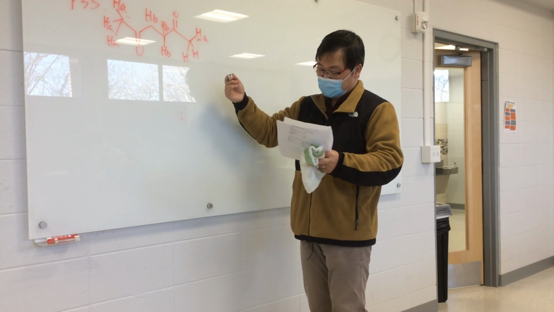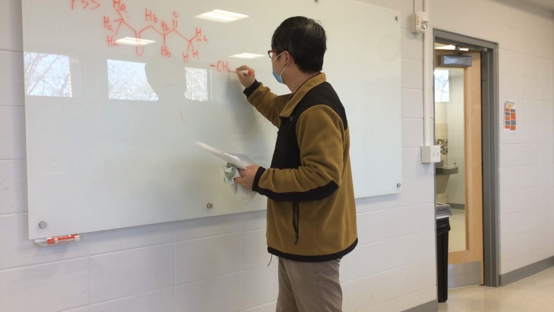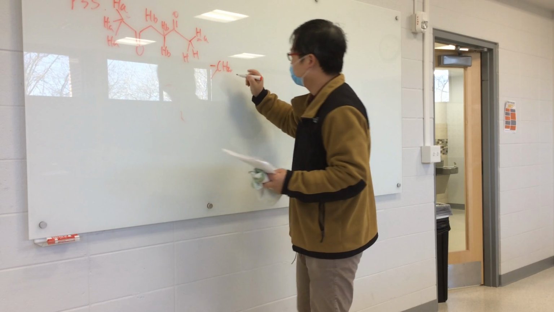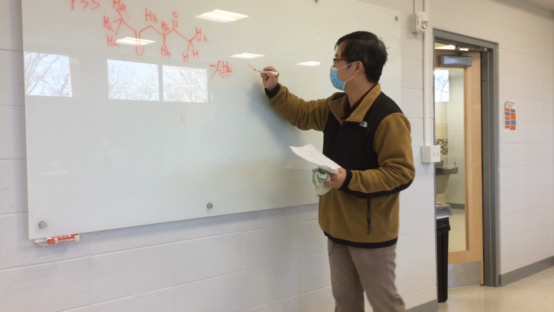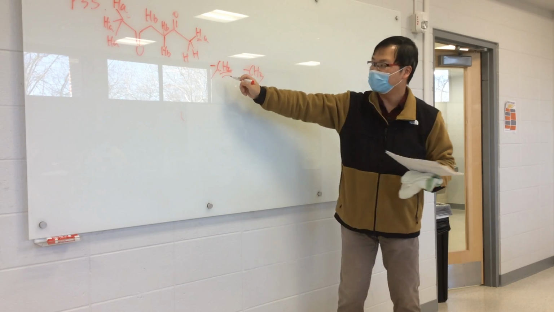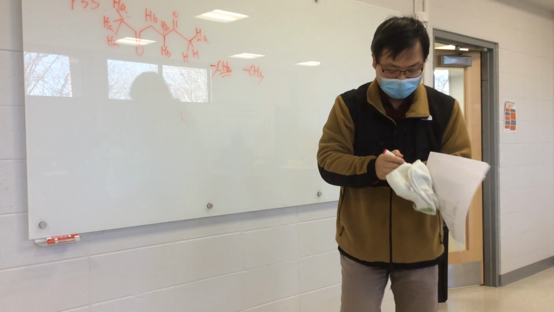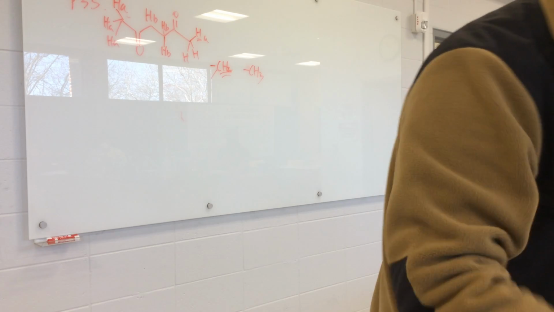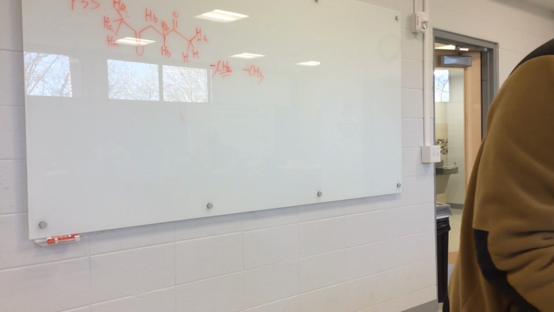Normally, this has lower electron density, CH2. We can go check the table.